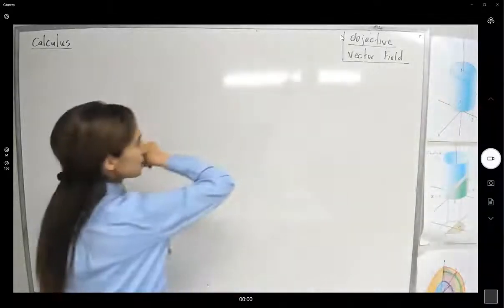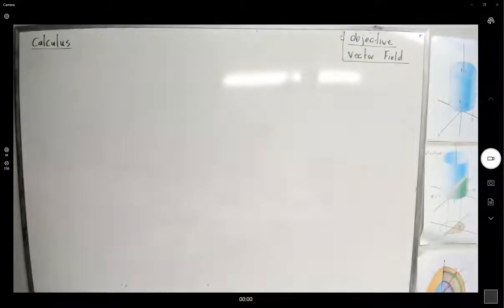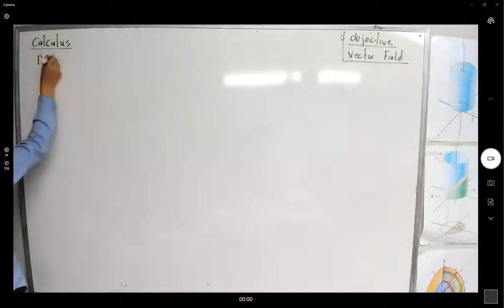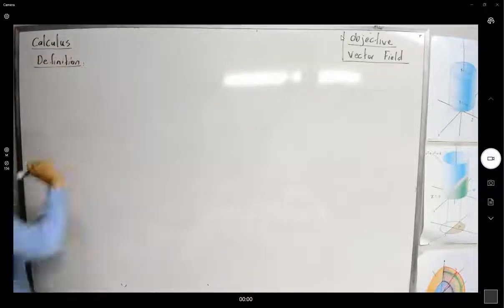Awesome. So our objective today is talking about vector fields. How do we define a vector field? Well, definition. In this definition, we're going to define a vector field this way.